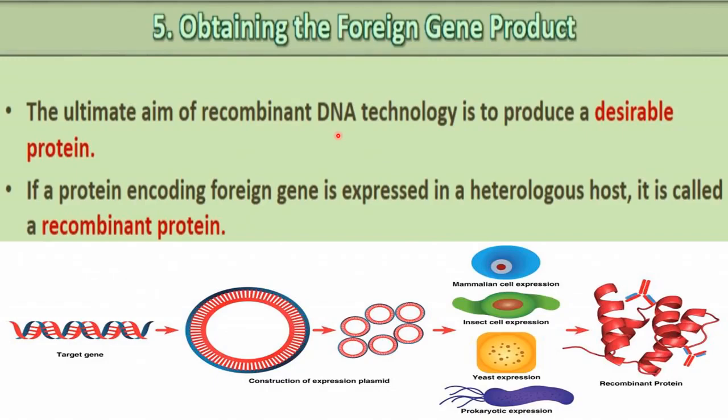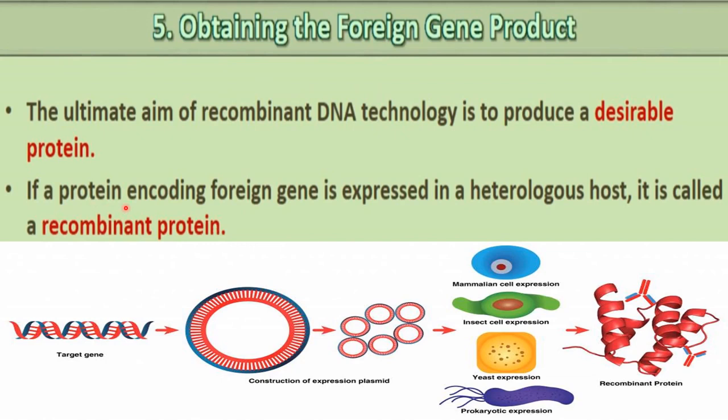Okay, that foreign piece of DNA that we are isolating, amplifying, and then transferring into the host cell, for what we are doing that? To get the desirable protein, because that foreign piece of DNA is coding for a particular protein that we need. Okay, so this step is about obtaining the foreign gene product.